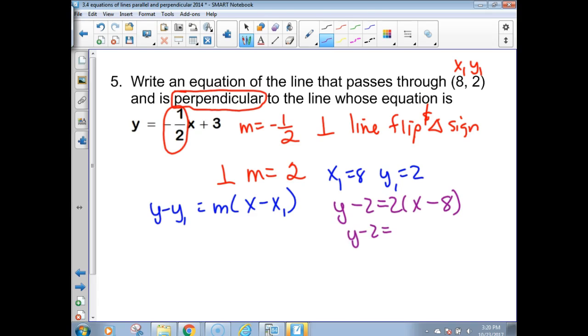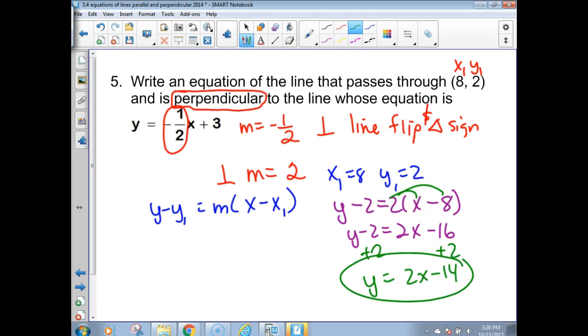We're going to simplify by distributing. Distribute the 2 over the x and the 8. Then we're going to add 2. And the equation is y equals 2x minus 14, if I did things correctly. Yes.